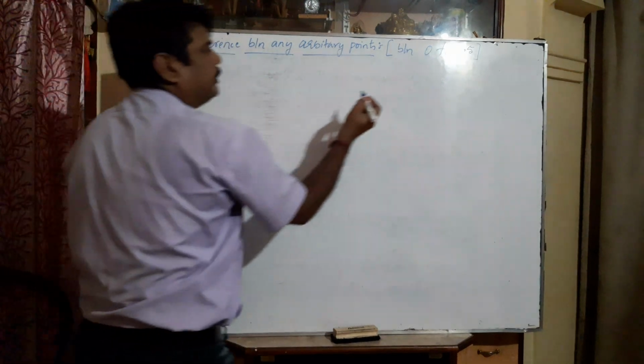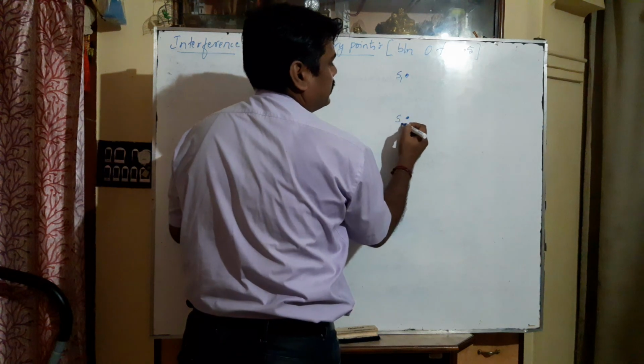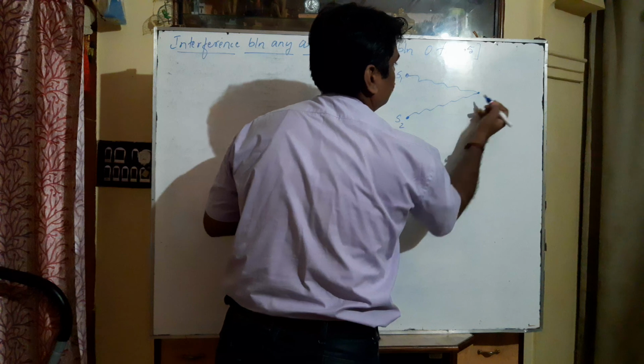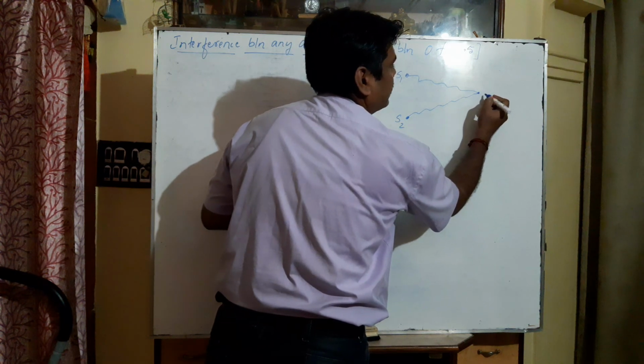So let us consider it lies between these two points. Let us come from the first source. Say this is the first source S1 and this is the second source S2. The waves are reaching a certain distance. So this is the point where we consider the phase difference between the first and second wave.